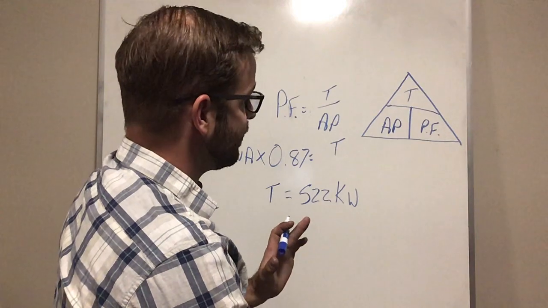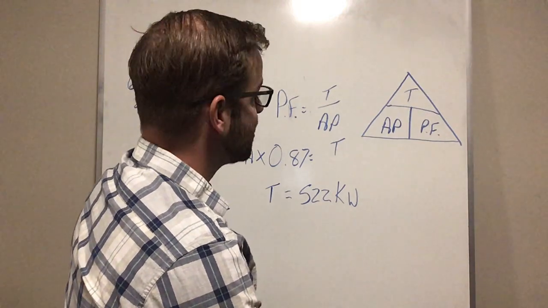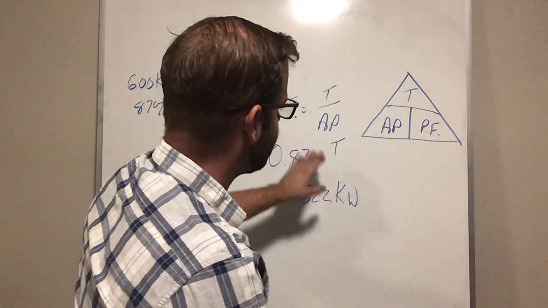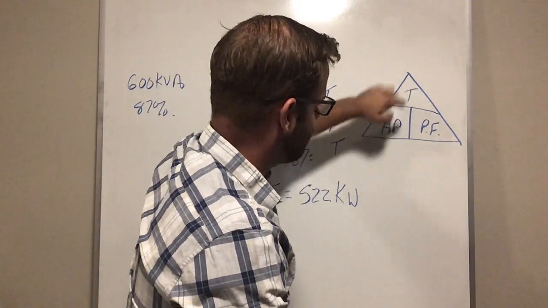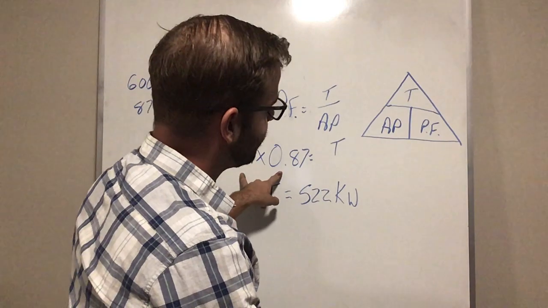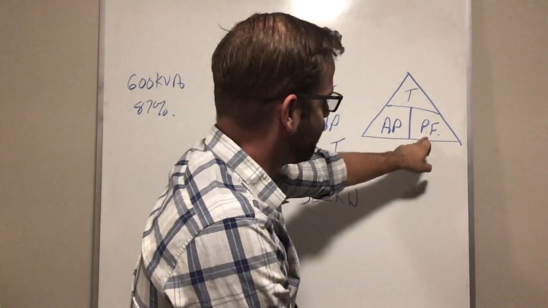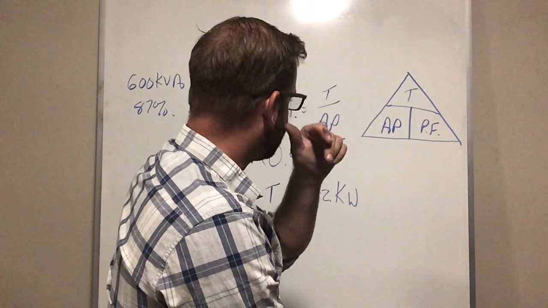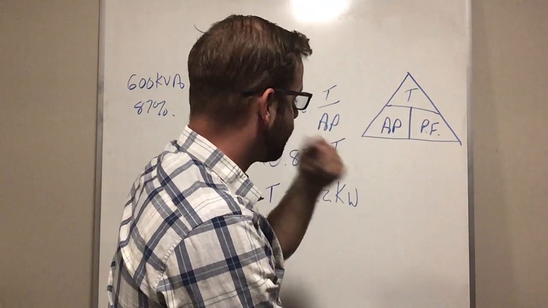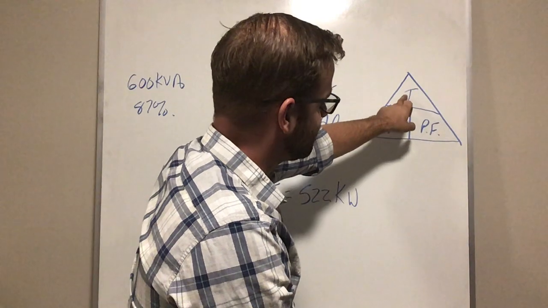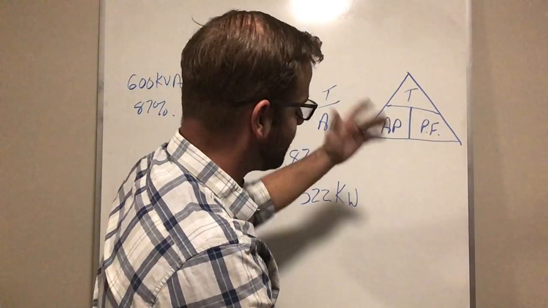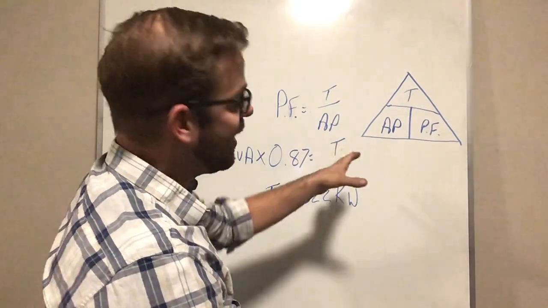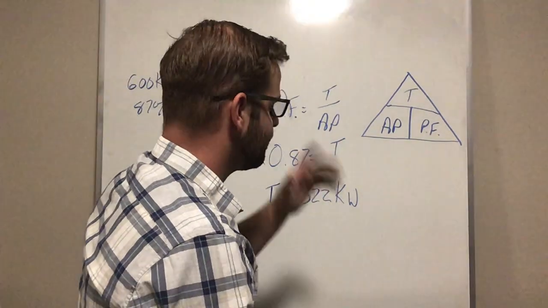Whatever you want to figure out, you just cover the item that you're trying to find. So if I'm trying to find true power, it's apparent power times power factor, which we did here. If I'm trying to figure out power factor, it's true power over apparent power. Or if I'm trying to find apparent power, it's true power divided by power factor, to make the answer slightly larger. So if you want to remember that or write that down on a test, you're welcome to.